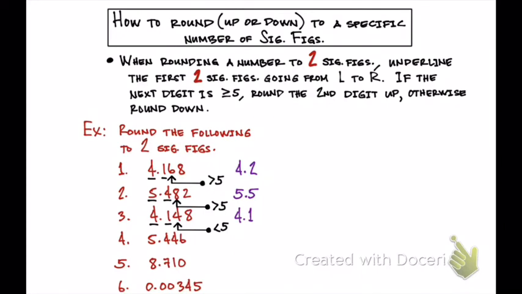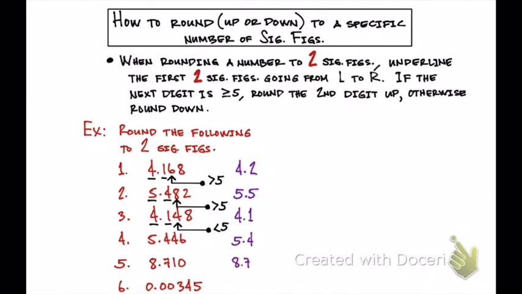The fourth number here is 5.446. Again, you're going to underline the first two numbers, and the third number is 4, which is less than 5, so you round down to 5.4. The fifth one is 8.710. The third number is 1, which is less than 5, so you round it down to 8.7.